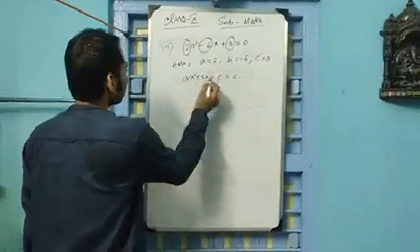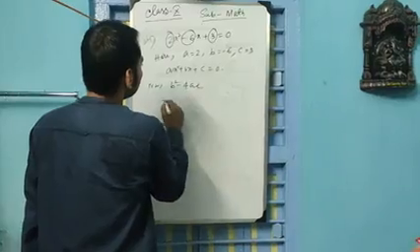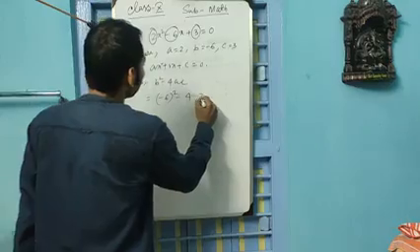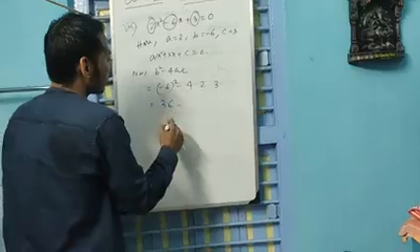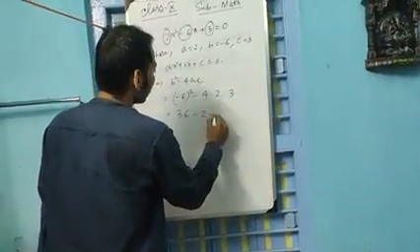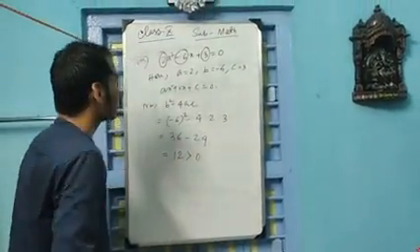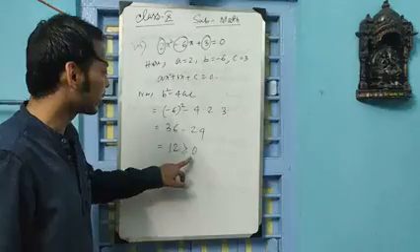Now b² - 4ac = (-6)² - 4 × 2 × 3 = 36 minus 4 into 2, 8, 8 into 3, 24. That means 12. You can see that here b² - 4ac equals 12, which is greater than 0.